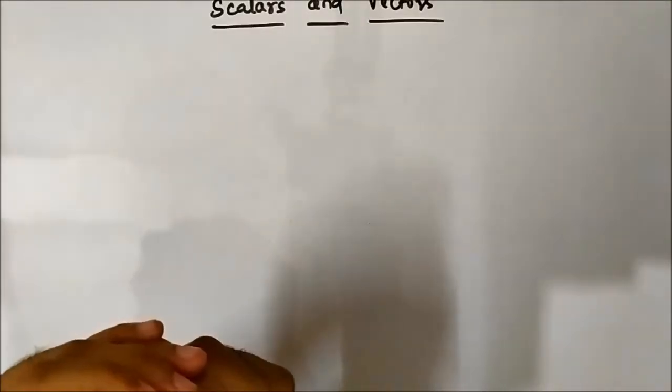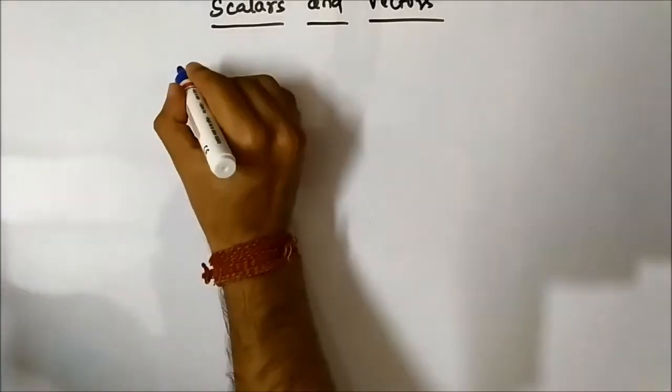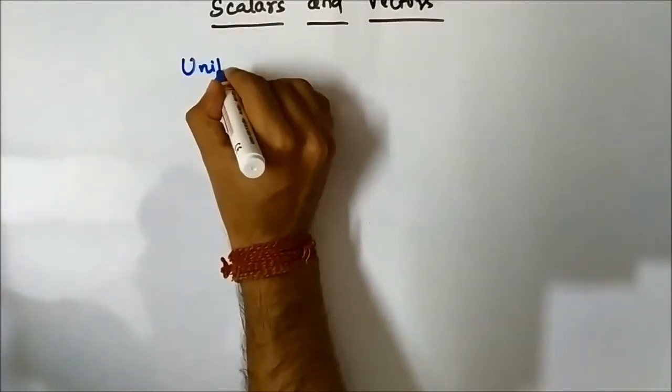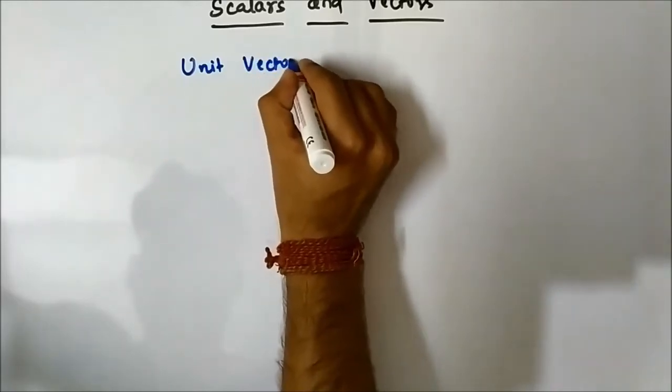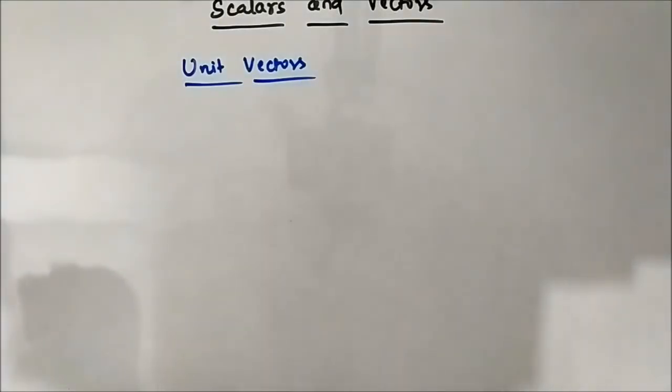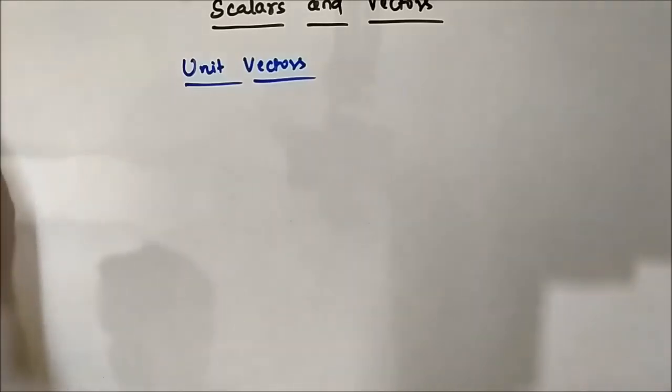So now we'll discuss another important concept associated with vectors, which is the concept of unit vectors. Before we discuss unit vectors, it is very important to bring into discussion the concept of coordinate axes, because they will play a very vital role in the representation of vectors.